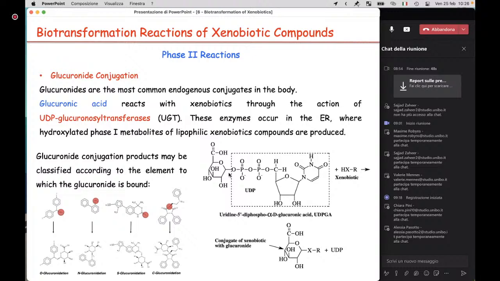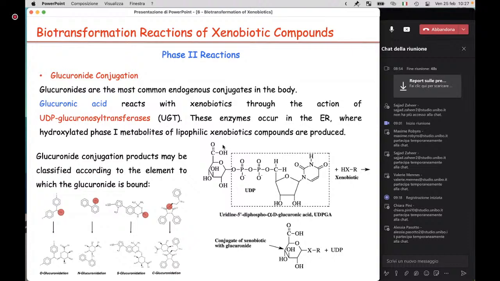But the similarity between the two molecules is not an accident, okay? Because we know that the third phosphate in ATP is the energetic one, the one where when the link is broken, we release energy. And this is exactly the same.